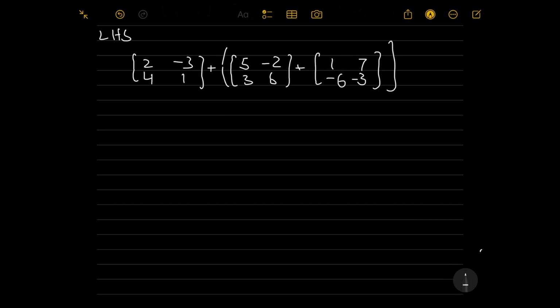First solve the two matrices here. Add these both.